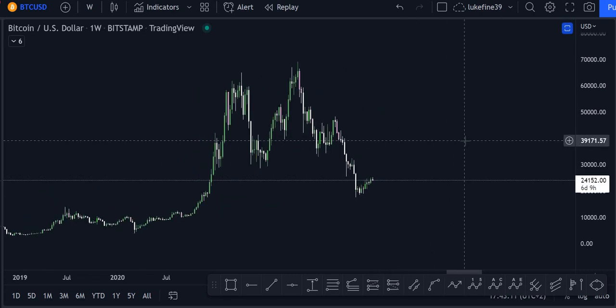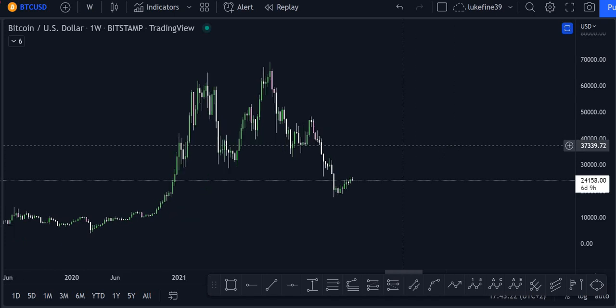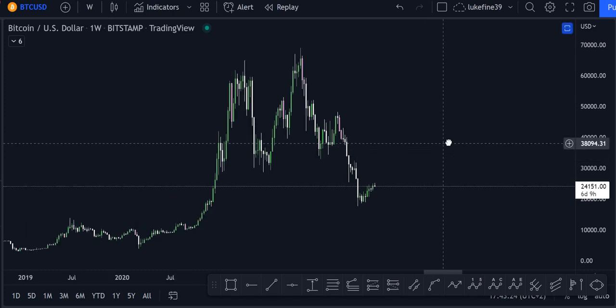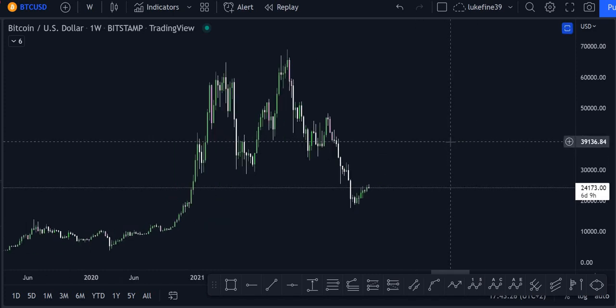I'll do a top-down analysis, and then I'll do a quick configuration of how I use Fibs, just as a small side lesson. We'll be basically going over the technicals that we've been pointing out for days, the entire weekend in the group.